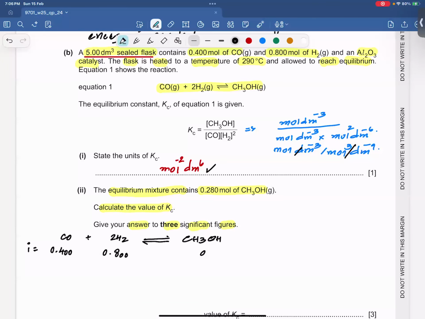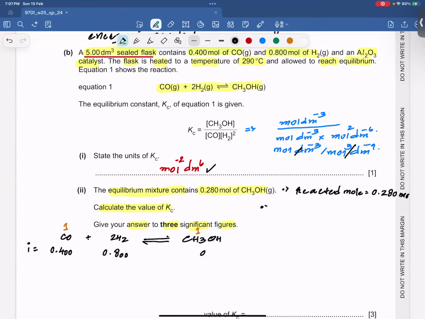All right. The reacted amount of moles is going to be 0.280. Since carbon monoxide and methanol have a 1:1 ratio, the amount of reacted moles from carbon monoxide should be 0.280 moles, which is why methanol at equilibrium formed is 0.280.